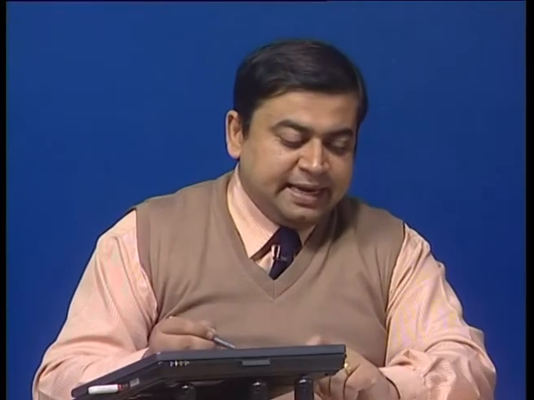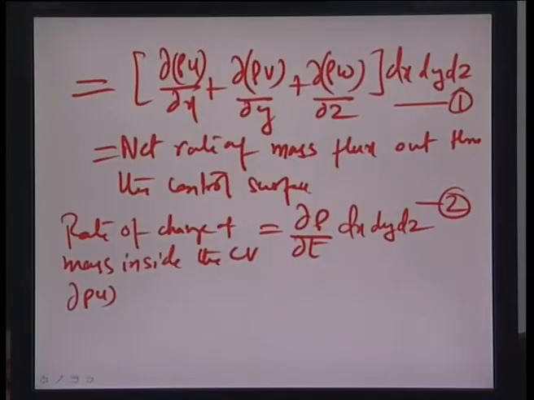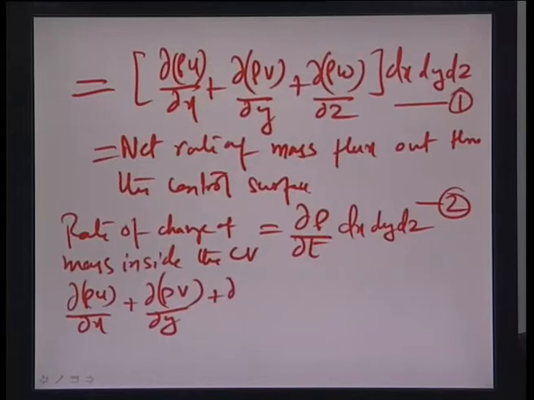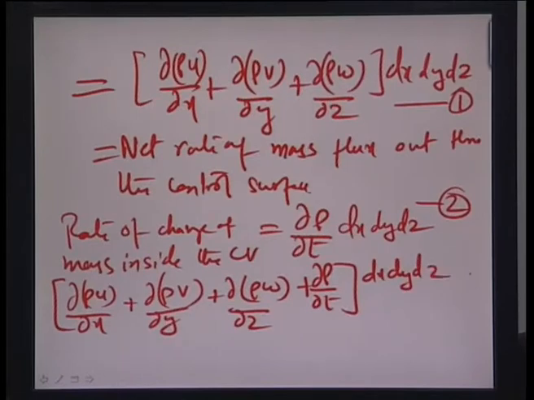I mean, mass cannot be created or destroyed if you are assuming continuum assumptions inside such a control volume of a particular fluid. So, in that case, del rho u by del x plus del rho v by del y plus del rho w by del z plus del rho by del t, whole brackets, times the control volume dx dy dz should be equal to 0, which can be written in a more abridged manner as the grad vector dot rho v vector plus del rho by del t is equal to 0.